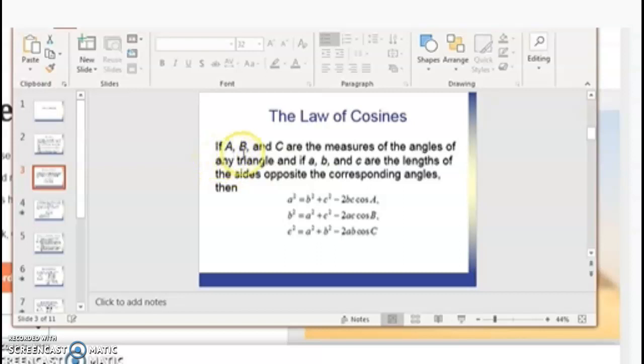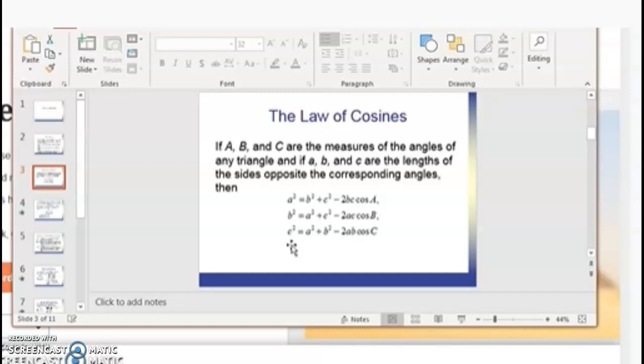If A, B, and C, and that is capital A, B, and C, are the measures of the angles of any triangle, and if lowercase a, b, and c are the lengths of the sides opposite the corresponding angles, then a squared equals b squared plus c squared minus 2bc cosine A, b squared equals a squared plus c squared minus 2ac cosine B, and lastly c squared equals a squared plus b squared minus 2ab cosine C.